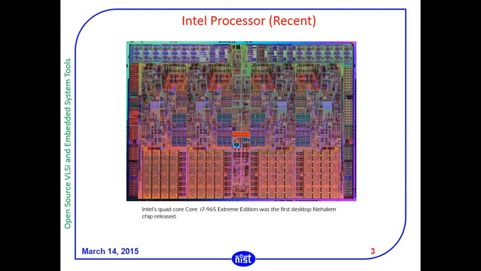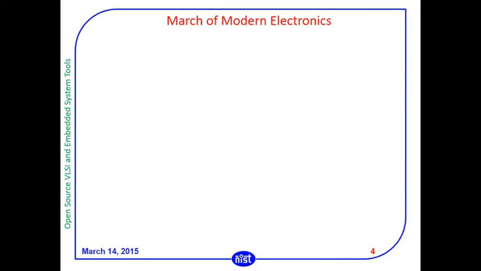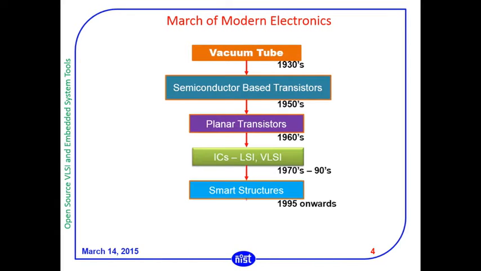This is a recent Intel processor. If you look at it, millions of transistors have been used in it. Such big circuits cannot be designed by hand, and people must use VLSI tools to design them.